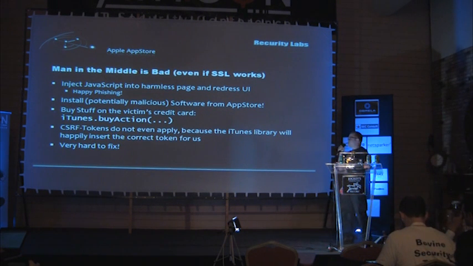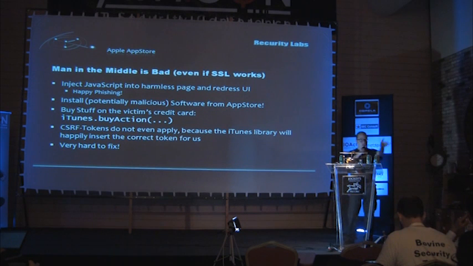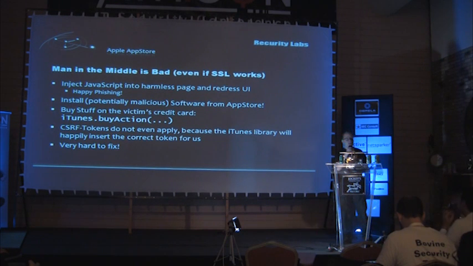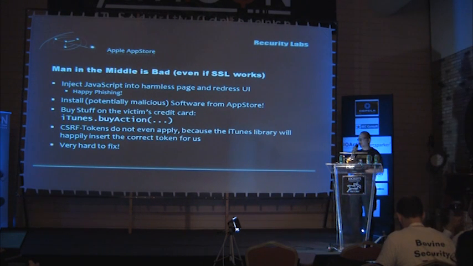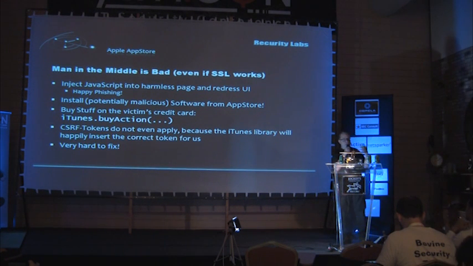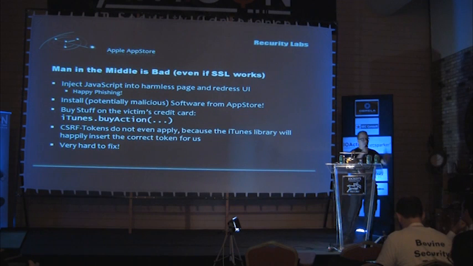That, for example, means that if you inject JavaScript in random Apple websites, let's say in an open wireless network like here, you can actually call some of those JavaScript functions. Those functions contain interesting calls like iTunes.buyAction, which, as you would assume, charges your credit card and buys things in the App Store.